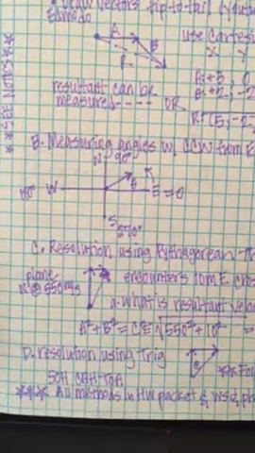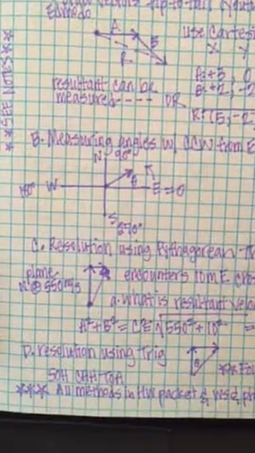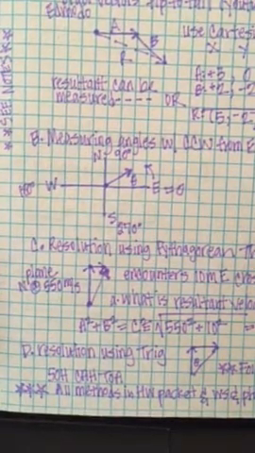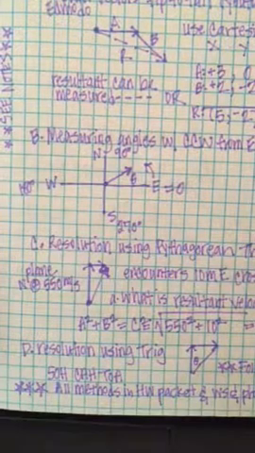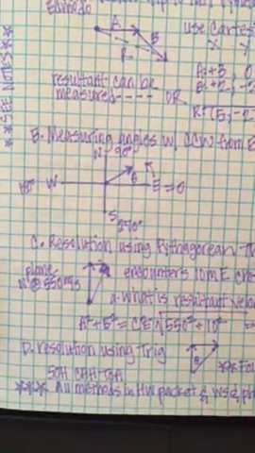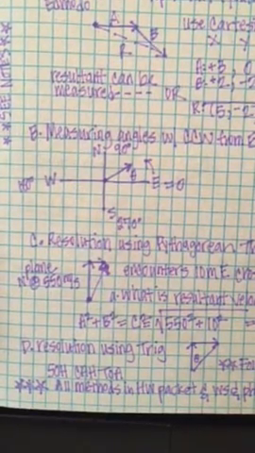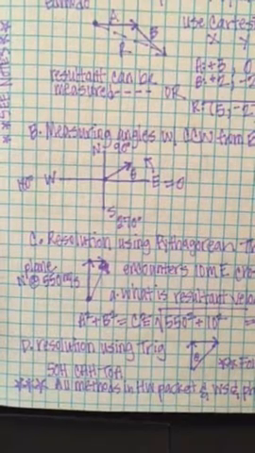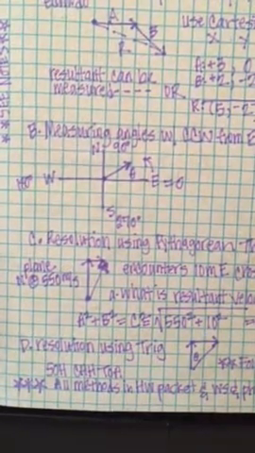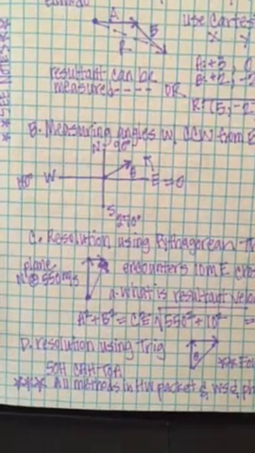So anything in quadrant 1 is going to be under 90 degrees. Anything in quadrant 2 is going to be up to 180. Anything in quadrant 3 is going to be up to 270, no greater than. And anything in quadrant 4 is going to be no greater than 360. So that is the 360 method of measuring angles. And you have the worksheet where we practice measuring all those angles.